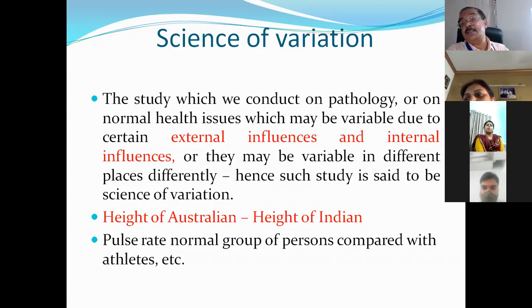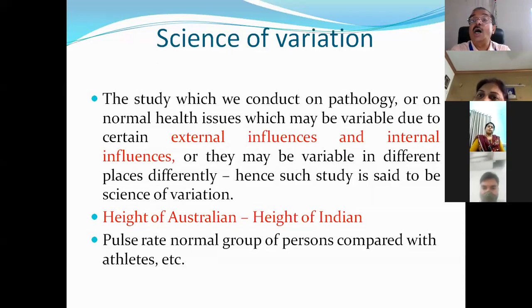There may be 2.6 kg, 2.4 kg, 2.8, and accordingly it varies. But an average weight is the parameter that should be measured. So is the case with pathological investigation also. First we should understand what is normal. As you know, the pulse rate should be 68 to 72 or 72 to 78, likewise.